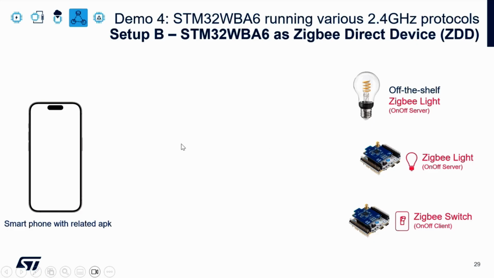Mobile phones typically do not support ZigBee natively, and that is a problem that could be addressed by the ZigBee Direct solution. It is a protocol defined by the Connectivity Standards Alliance, and it combines the use of these two technologies, ZigBee and Bluetooth Low Energy, for commissioning and control of the ZigBee devices by Bluetooth-enabled devices like mobile phones.